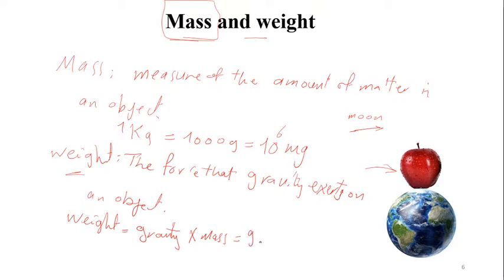The gravity is known to be 9.8 meters per second squared. If it is multiplied by mass, the unit would be kilogram meter per second squared, which is equal to Newton.